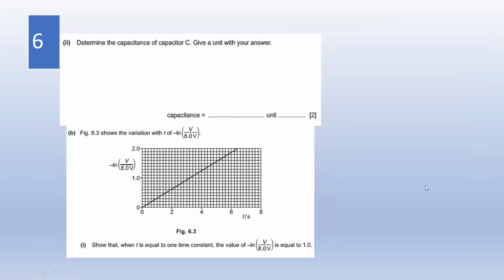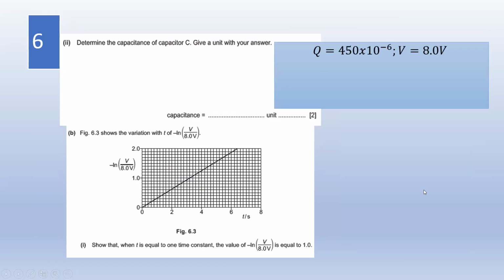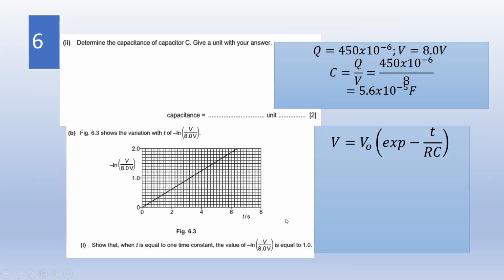Determine the capacitance. Q over V. Then this is your graph. Show that when t equals the time constant, the value of this one is 1. So that's your formula.